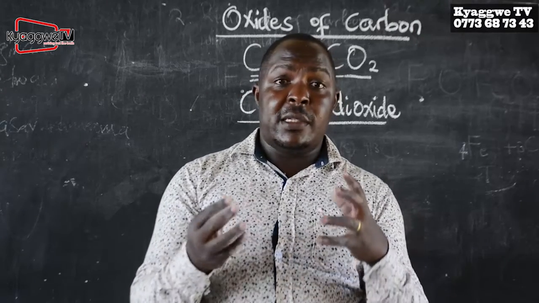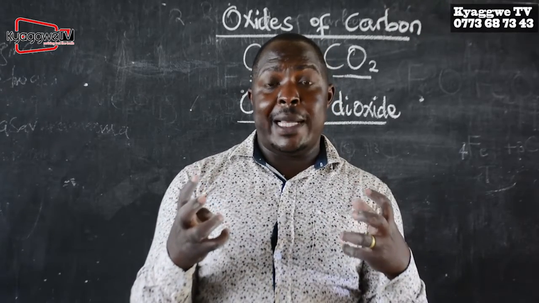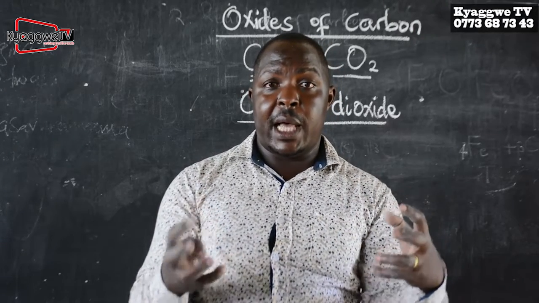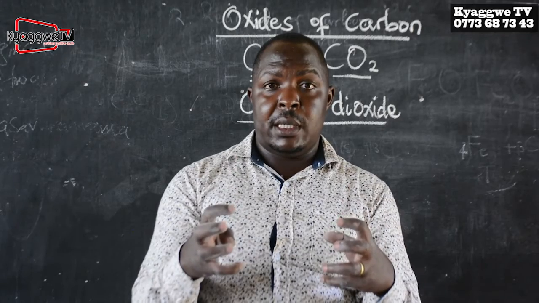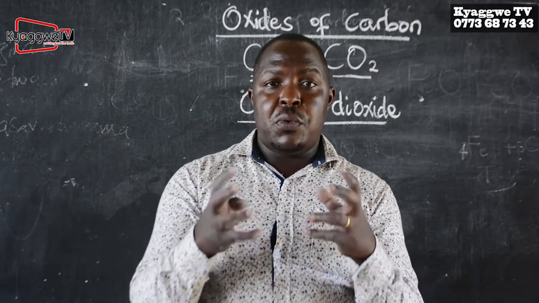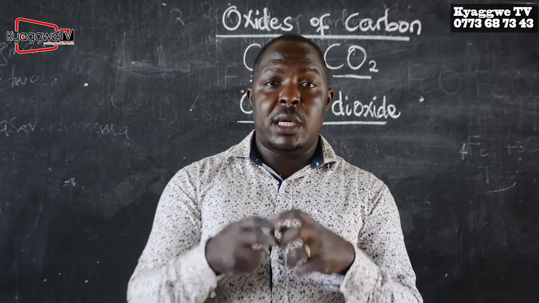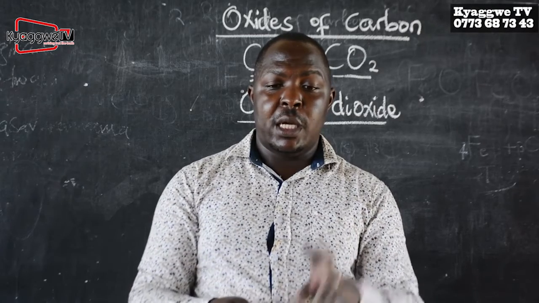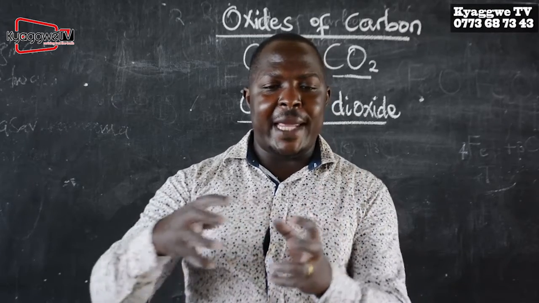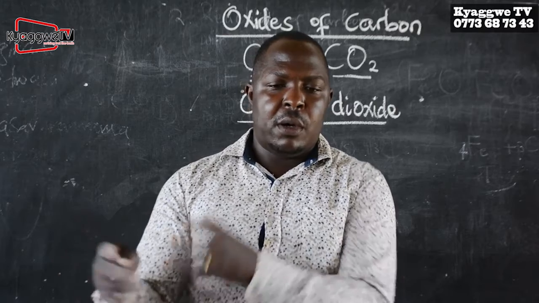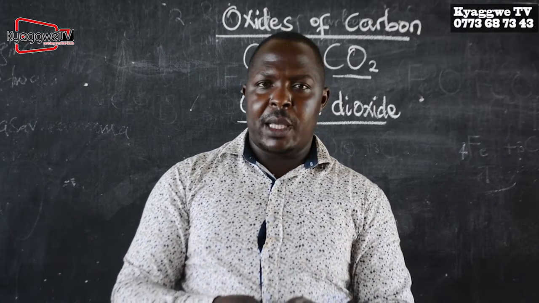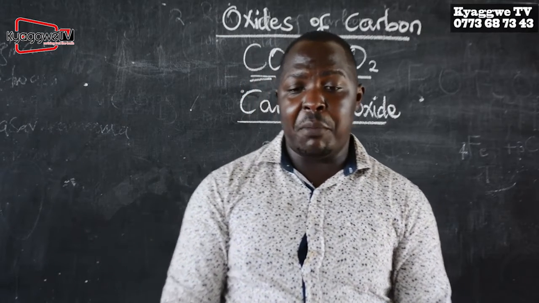It is a combination of two elements, carbon and oxygen. The two form a covalent bond during the formation of carbon dioxide. Two oxygen atoms covalently bond with carbon, resulting in a double bond.